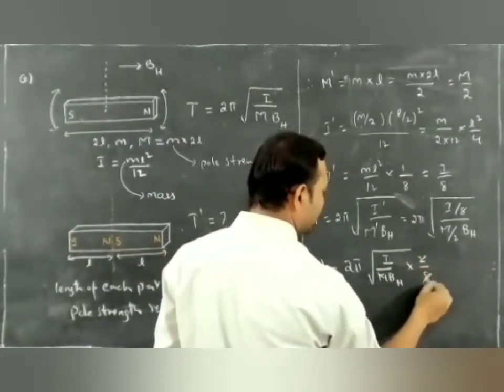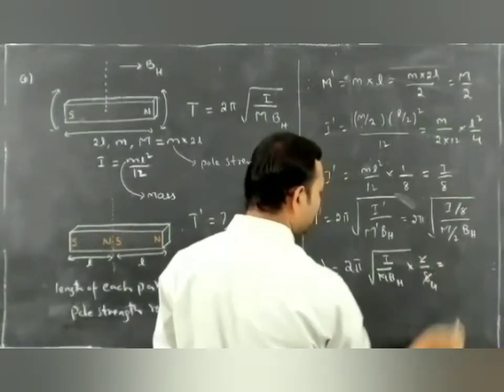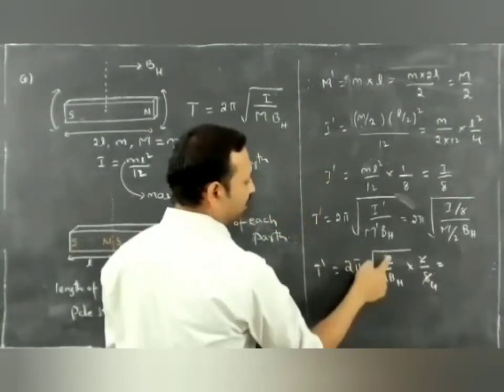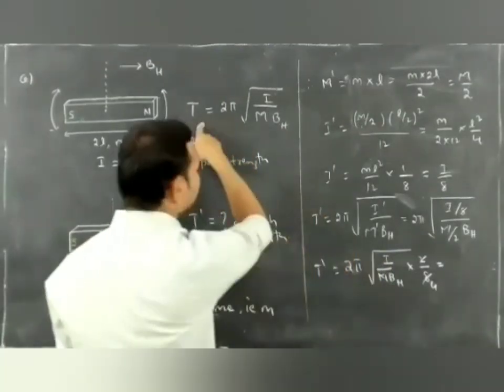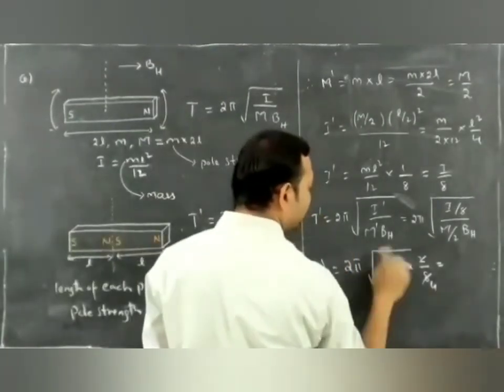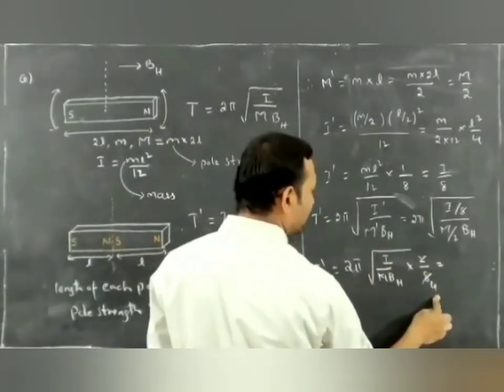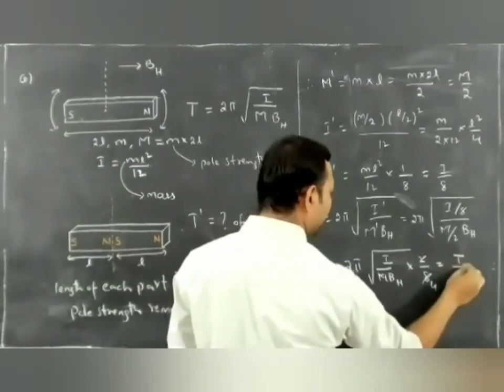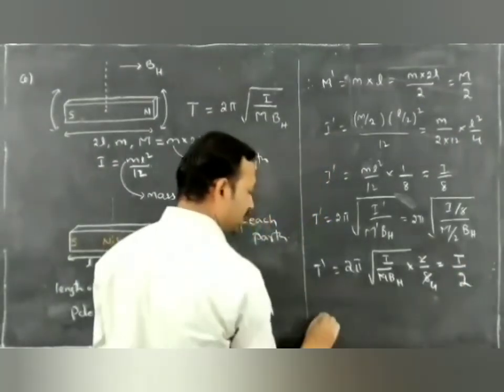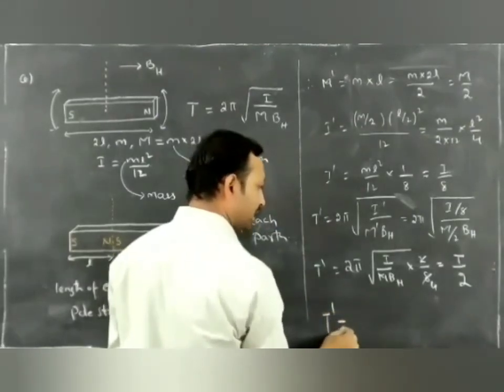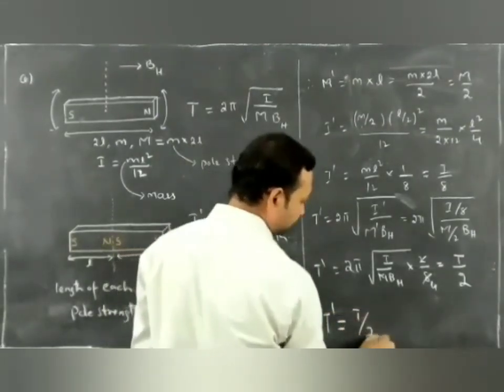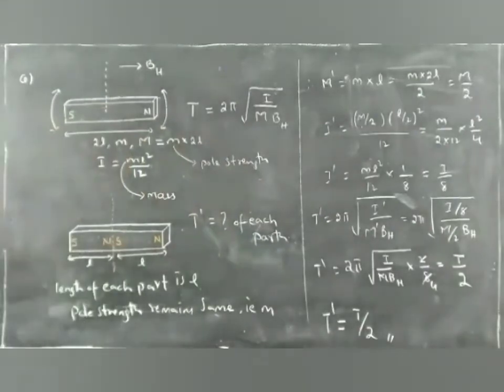Now 2 pi root of I by M B_H is nothing but capital T, and the root of 1 by 4 is 1 by 2. So the new time period of each part is equal to T by 2.